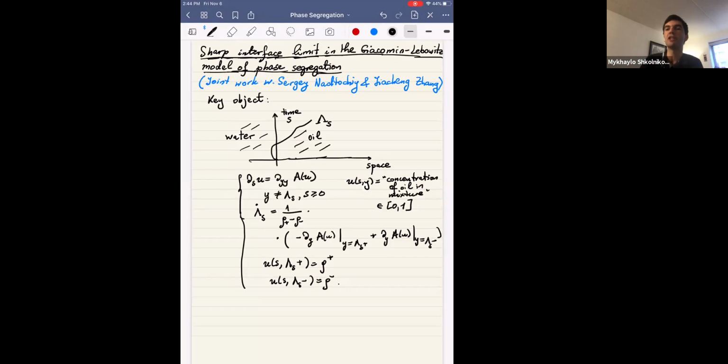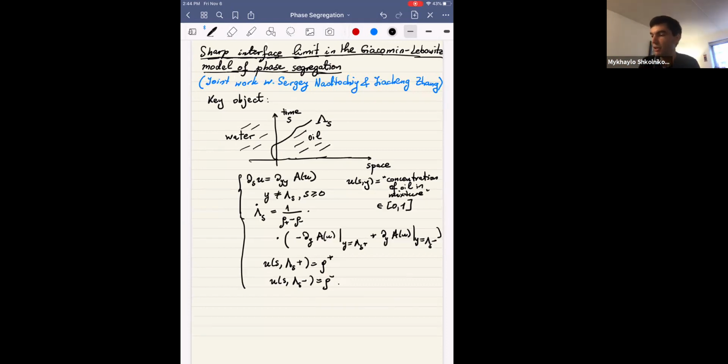Essentially, the way you should think about this problem is you have some nonlinear diffusion going on within the two phases, which describes how the concentration is changing. On top of that, the boundary between the phases moves. It moves because there is a flow of water and oil across the boundary. Basically there is water leaving the oil bubbles and there is oil being absorbed into the oil bubbles.